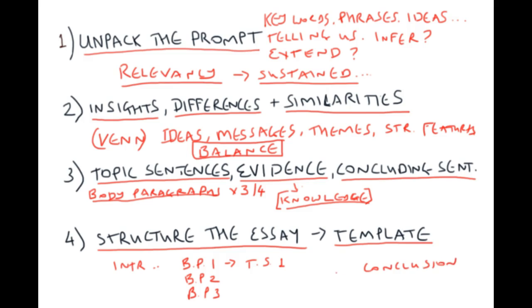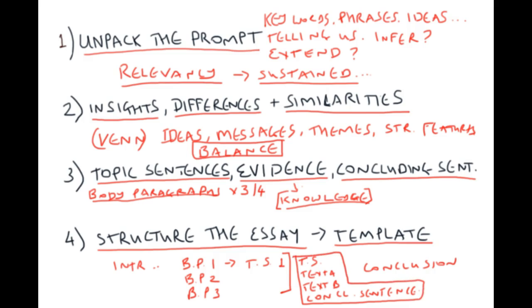And the way you structure your body paragraphs here is to do your topic sentence, and then you do your text A evidence, your text B evidence, and then your concluding sentence. That's sort of like the basic idea of a template to answer this particular question.